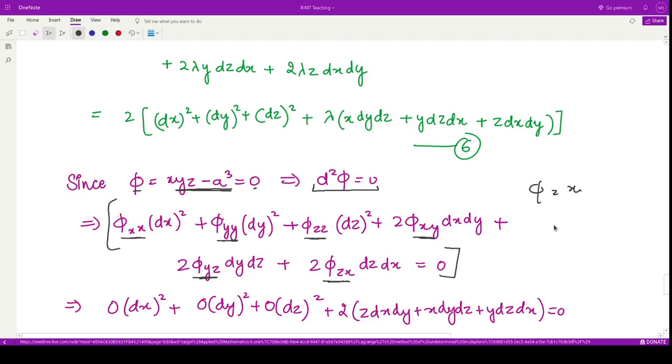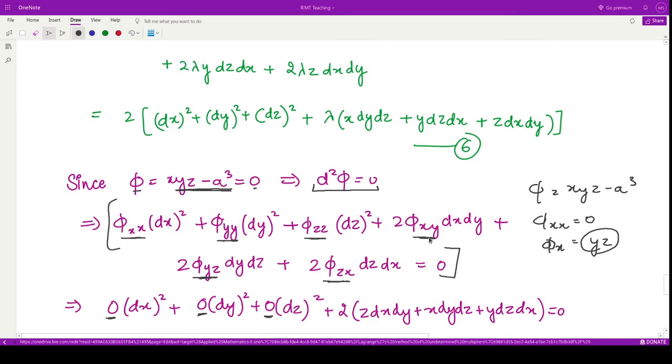So when you compute all this, because you have phi as xyz minus a cube, what would be phi xx? It would be 0, because phi x, what is this? This is yz. And when you again differentiate it with respect to x, this term is going to be 0, because this is a constant when you take the partial derivative. So that is why you have this first term as 0 here. Similarly, this is also 0, this is also 0.